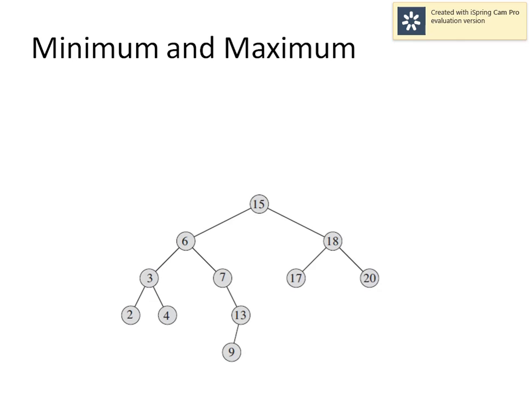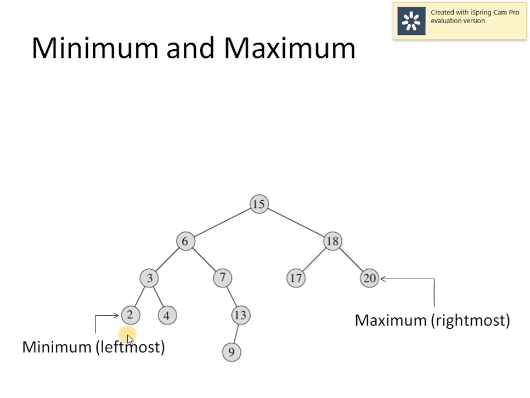In order to get the minimum element in a binary search tree, what one has to do? One has to simply traverse the tree towards the left till we reach null. Similarly, if I wish to take the maximum, I'll start from the root and traverse the right pointer till we reach null.